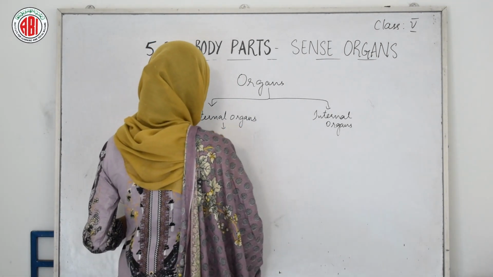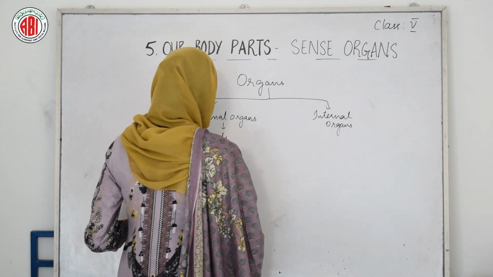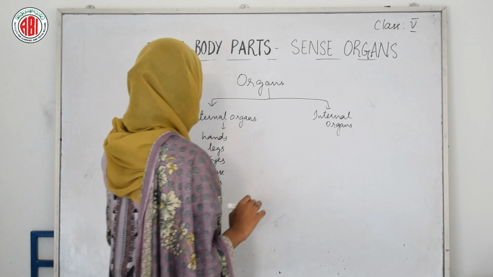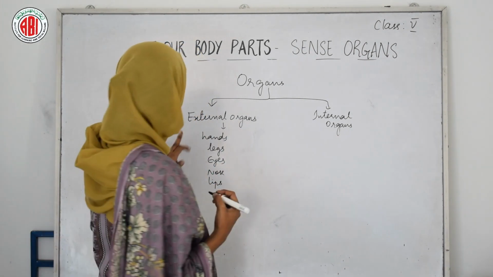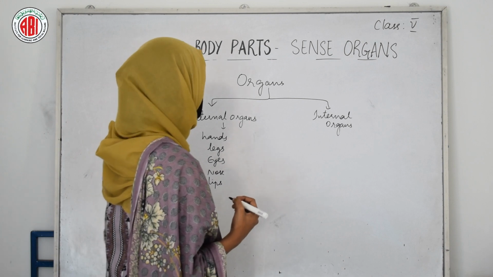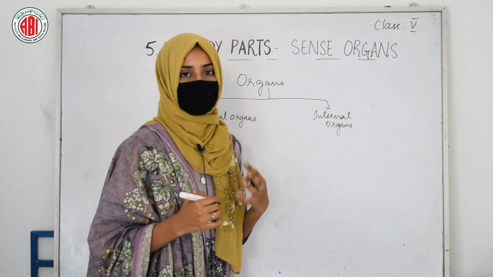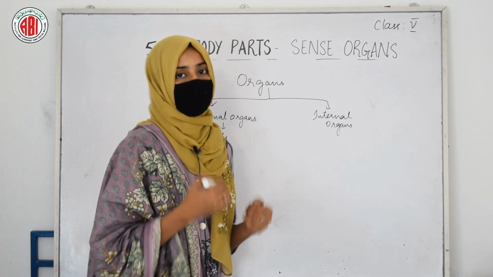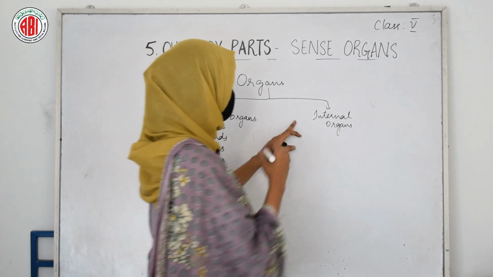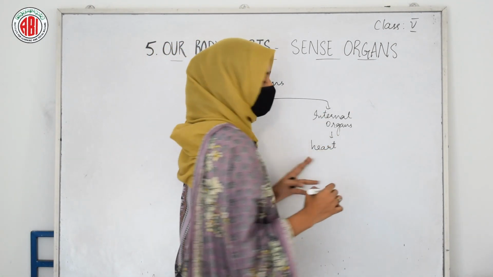For example, our hands, legs, eyes, nose, lips, all these are located outside the body and can be visible, so they are called external organs. The organs which cannot be visible, which we cannot see, and which are located inside the body, are called internal organs. For example, the heart.